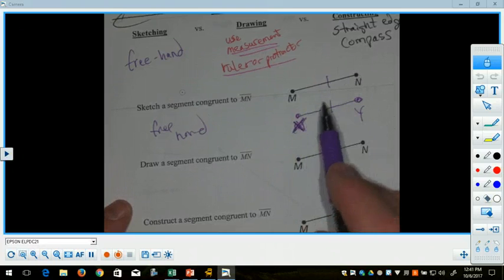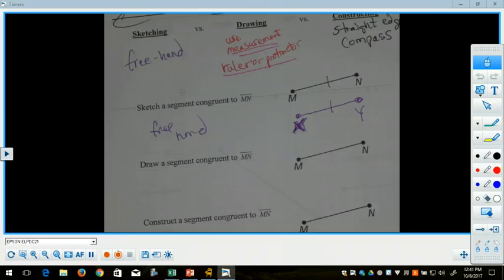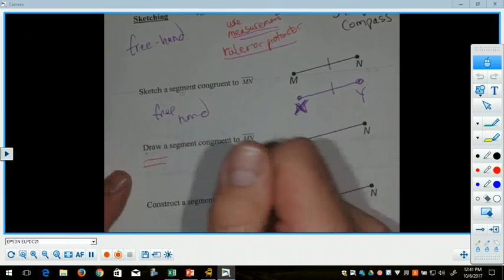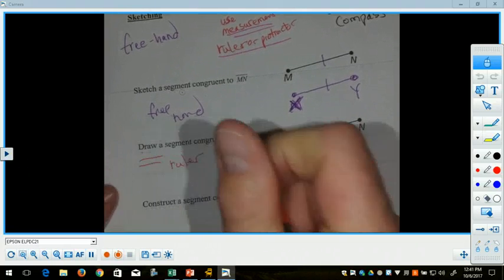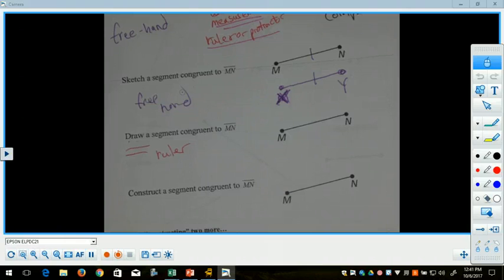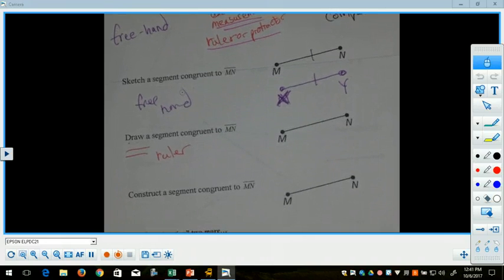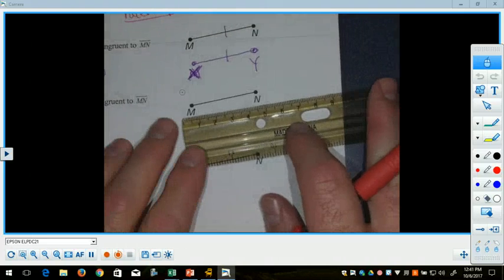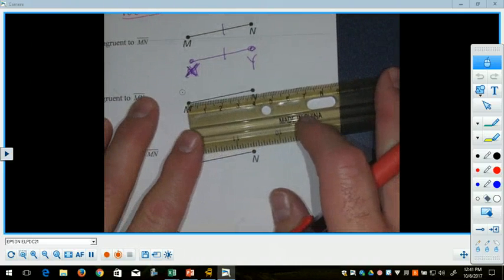And it's probably not, even if I measured it, even the same length. But they're close. To draw them to be congruent means that I need to use my ruler. Now, some of you are good at using inches, and you're good with 1/16 of an inch and 1/8 and quarters. Most of you probably are not. So we're going to stick to centimeters, because we can use centimeters with millimeters, just with the decimal.